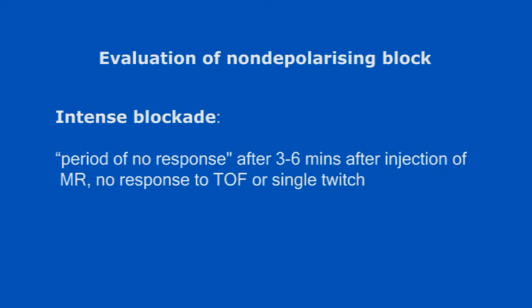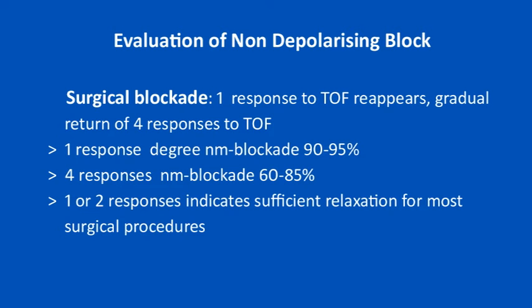Evaluation of non-depolarizing block. Intense block is the period of no response 3 to 6 minutes after injection of muscle relaxant, with no response to TOF or single twitch. Surgical blockade: one response to TOF reappears, with gradual return of 4 responses to TOF.